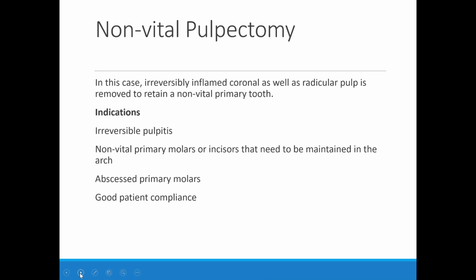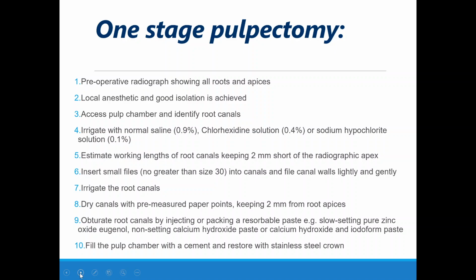If we use one-stage pulpectomy, we perform a radiograph, of course anesthesia, isolation, get access to the pulp chamber and identify root canals. Irrigate with normal saline, chlorhexidine solution or sodium hypochlorite solution. Estimate the working length of root canals, keeping 2 mm short of the radiographic apex.